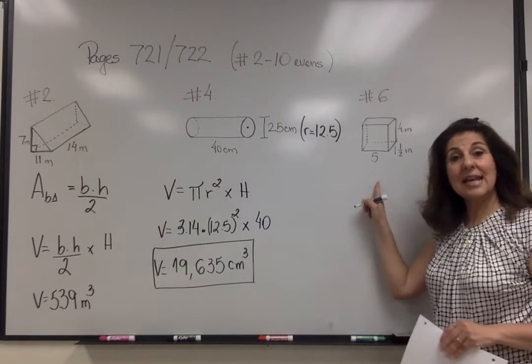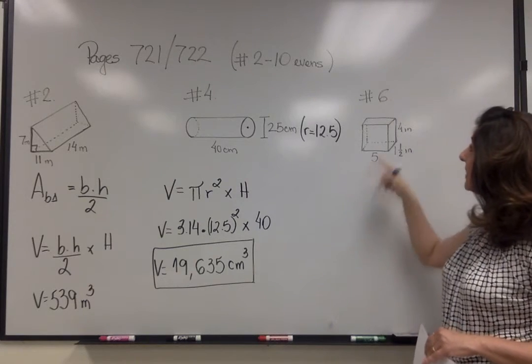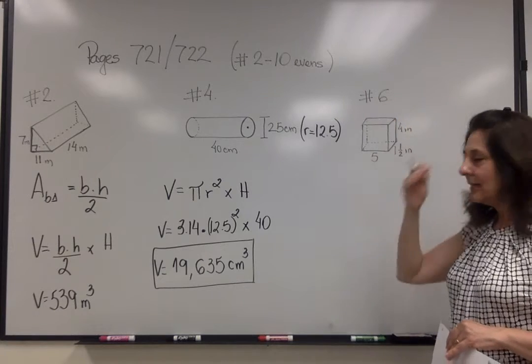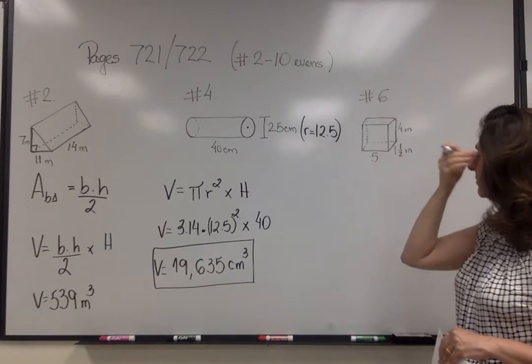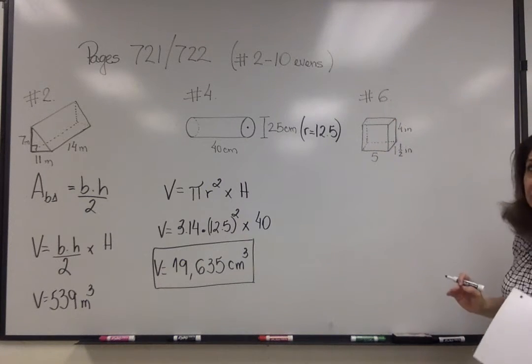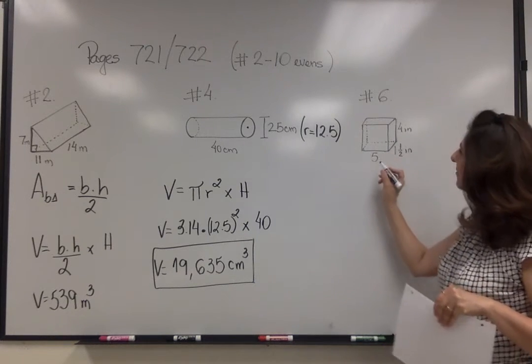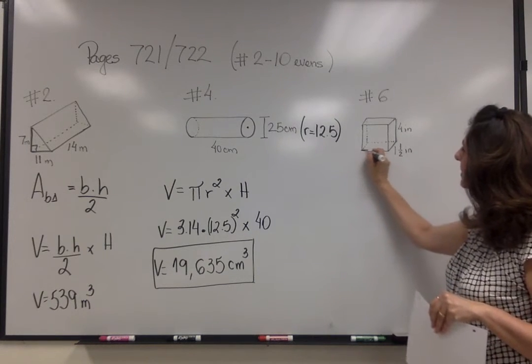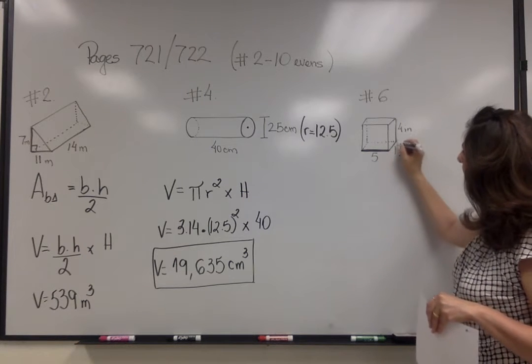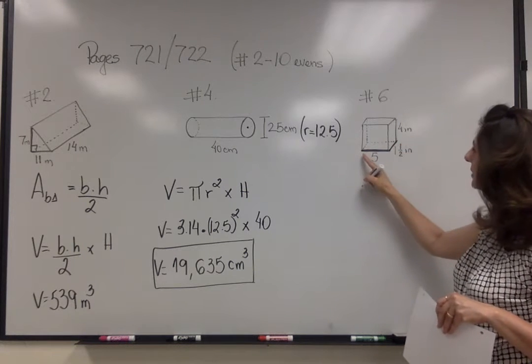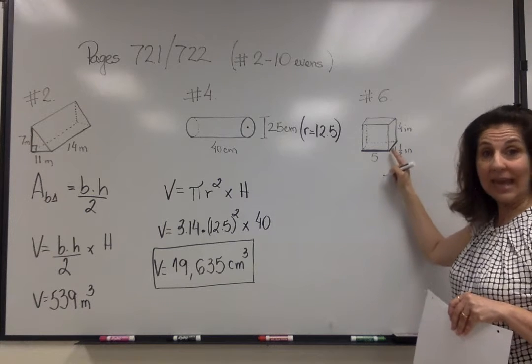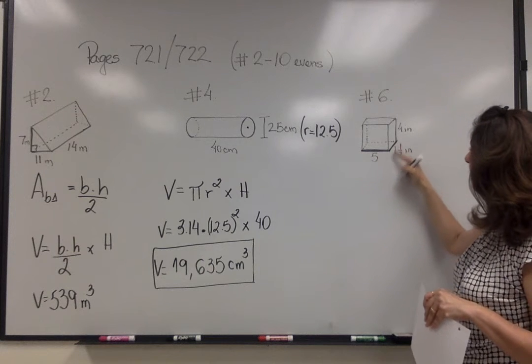And this is our last exercise for now, number 6. Number 6 is a cube. Sort of, because it's not a square. So we have here a base of 5, a little height, or the width and length, right? 5 and 1.5.